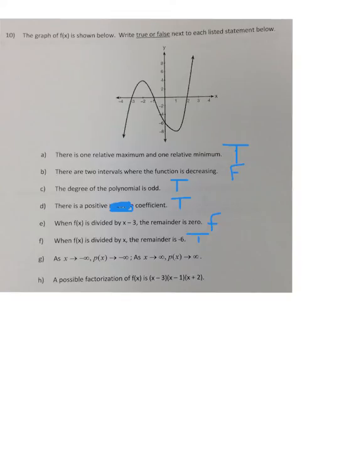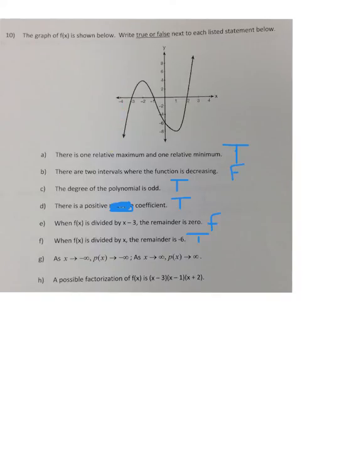Okay, G is talking about end behavior. So as we go to the left, right, as x goes to -infinity, that's working to the left, our y value is going down. All right, so let's look at the picture. As we're going to the left, is our y value going down? Yes, it is.